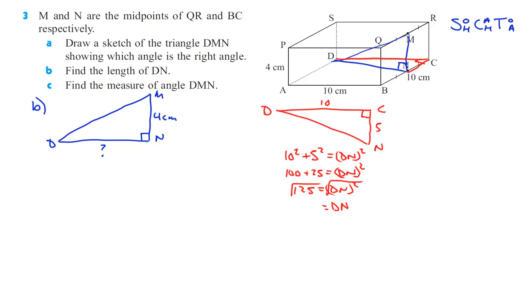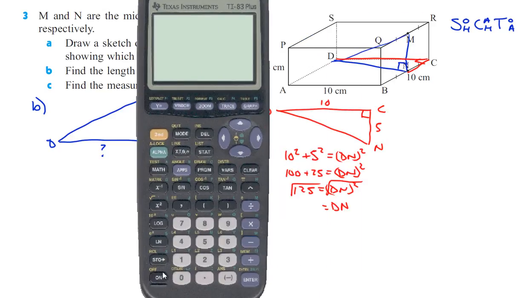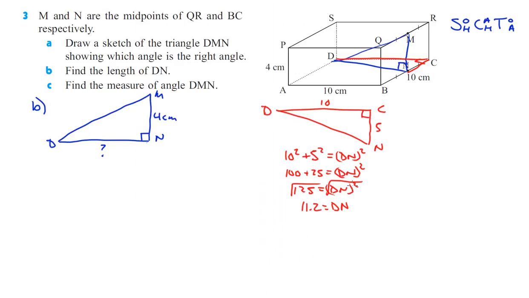DN is whatever the square root of 125 is. So square root 125 gives us 11.18, so we'll call that 11.2 is what DN is. 11.2 centimeters, okay, is what DN is.